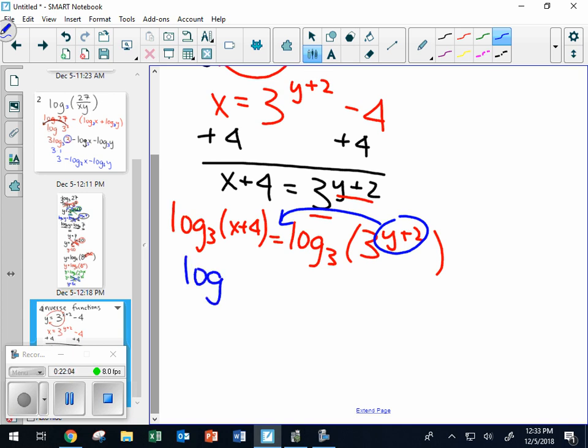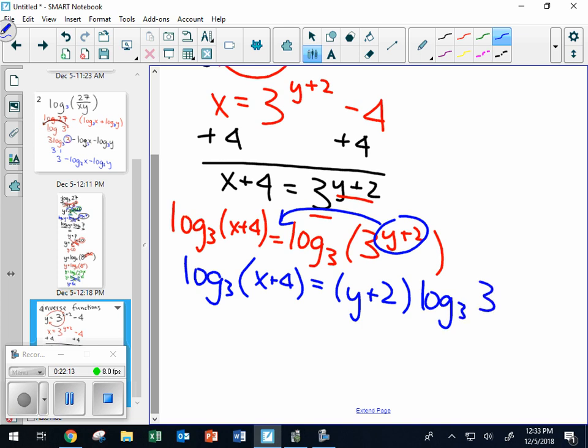So we will have log base 3 of x plus 4 is equal to y plus 2 times log base 3 of 3. And what's log base 3 of 3? It's just 1. So technically, we can just cancel it out. I'm going to cross it out, and I'm going to write a 1 underneath, because that's technically what it becomes. So we will have y plus 2 times 1 on the right-hand side.